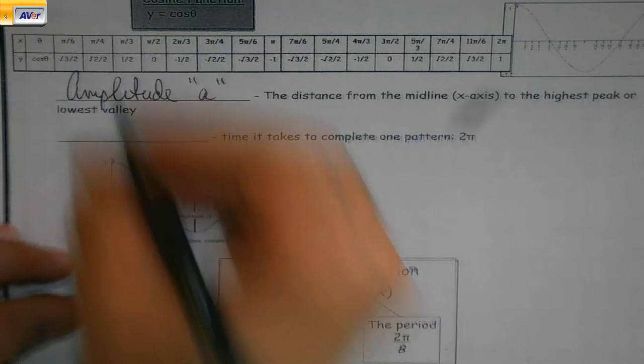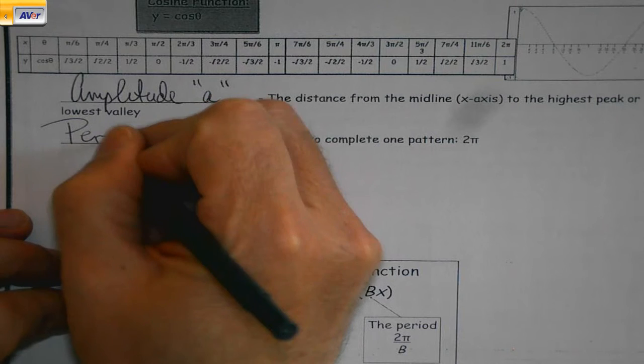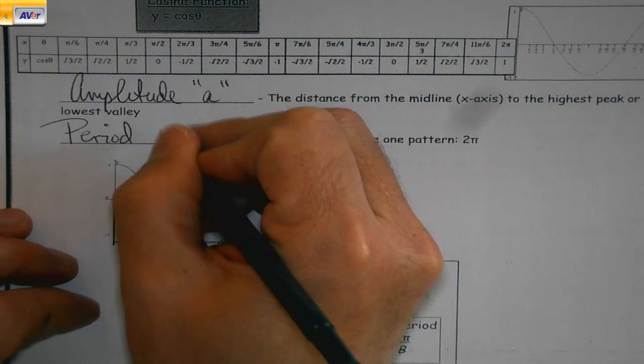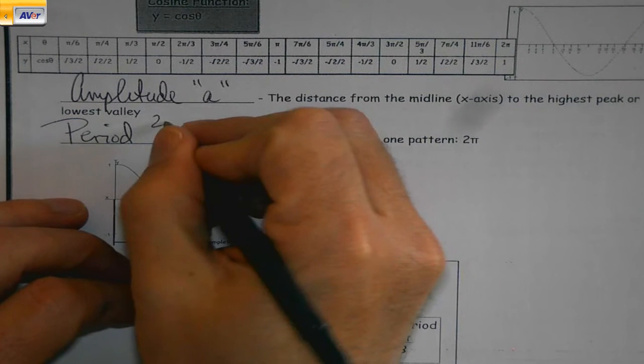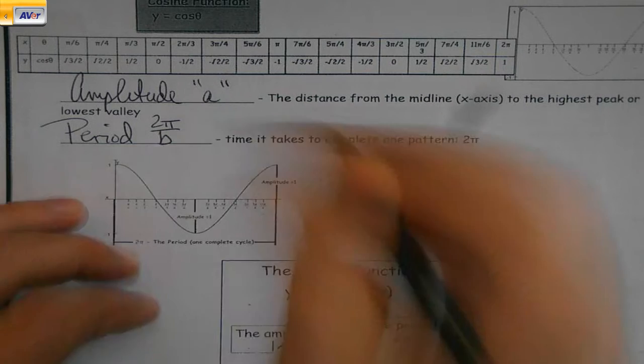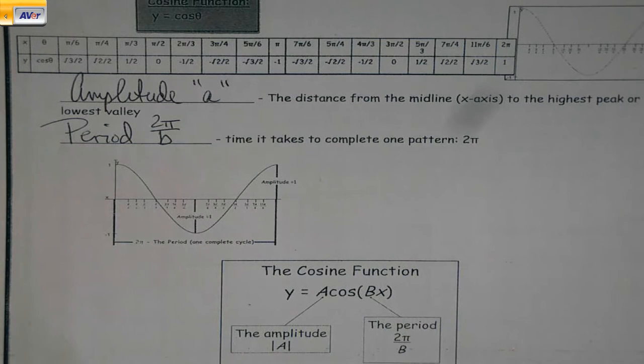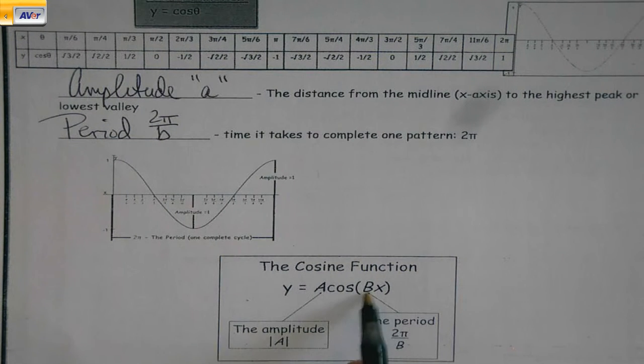We are still going to be dealing with the period. Now, the period itself isn't our b value. To find the period, we do 2 pi over b, but the b is telling us how many times our cycle will complete in there. So, same place to find it.